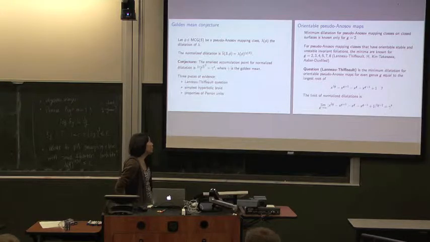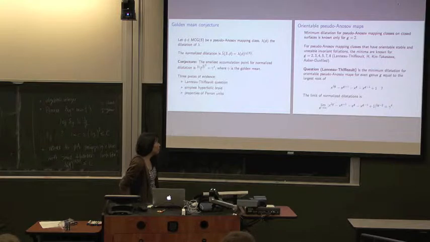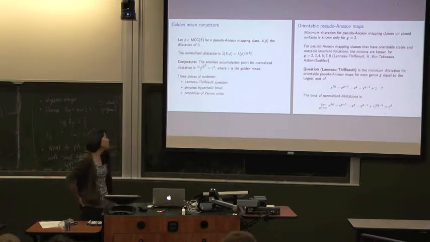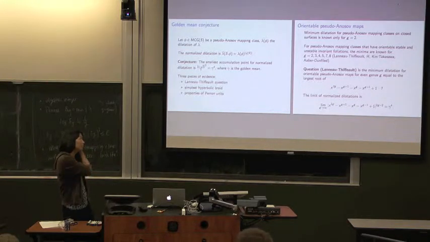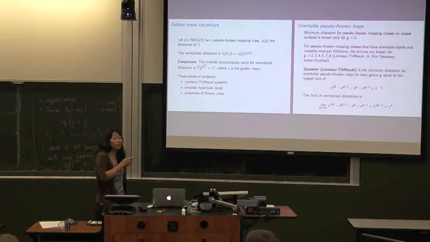There are very interesting things about 6. For example, for the smallest dilatation in the orientable genus 6 case, a lower bound is the Lenoir-Truffaut bound, which is equal to the smallest dilatation for genus 5.